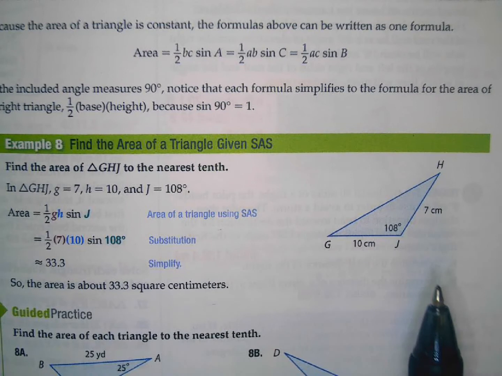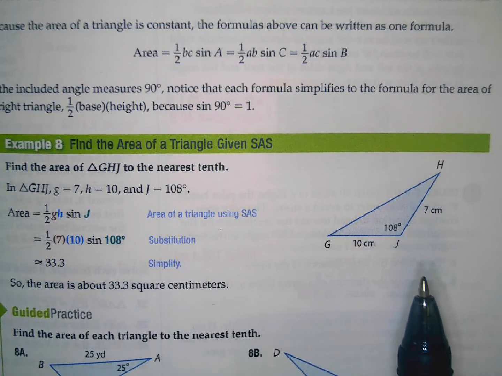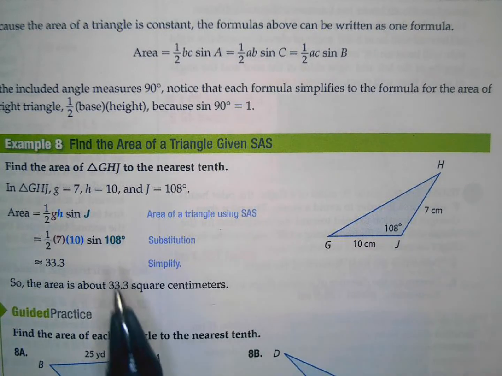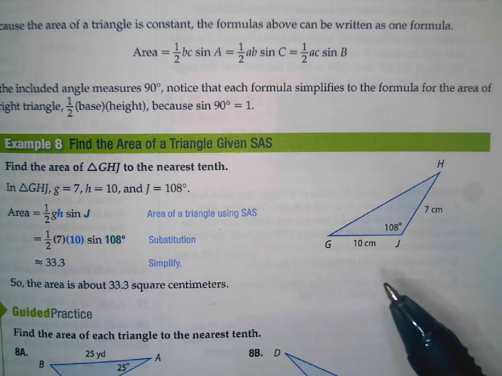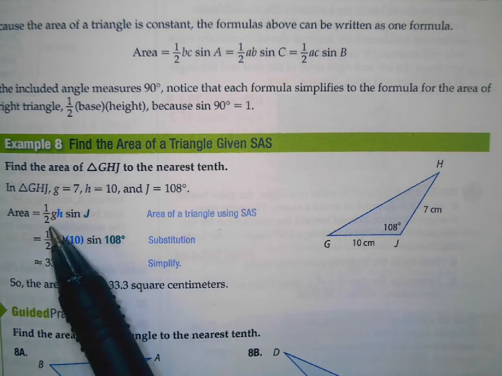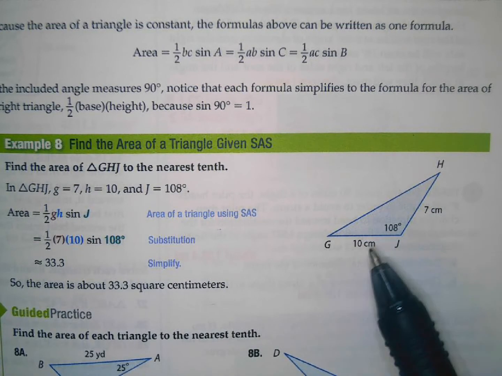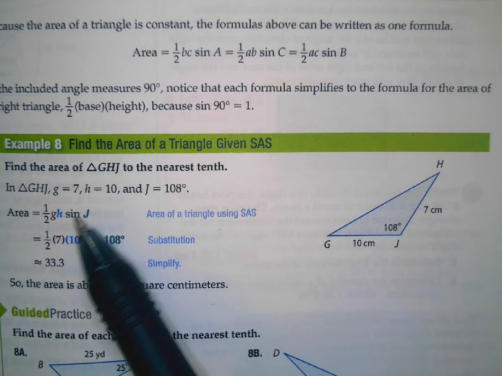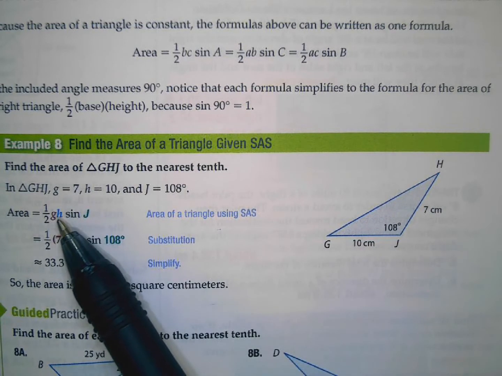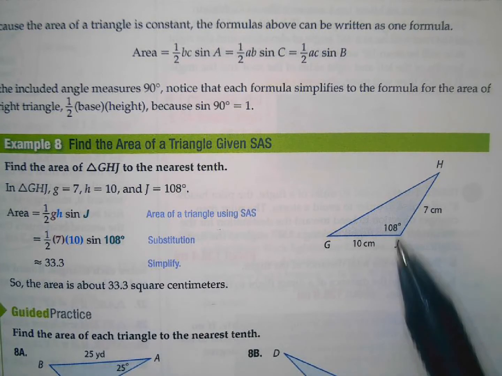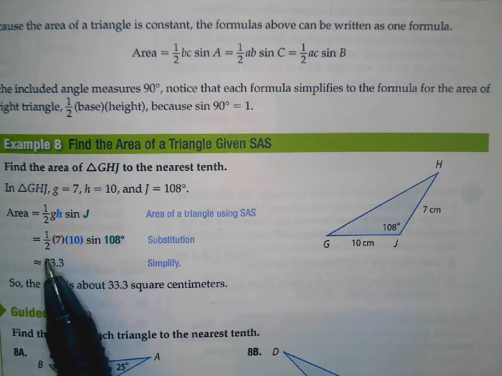They're not using A, B, and C, but we understand that we're going to take half of what? Half of the two sides multiplied, which in this case are the 7 and the 10, G and H. They changed it to G and H, but we can keep it to A, B, C. Multiply the two sides, G and H, and then sine of whatever the angle is, 108.